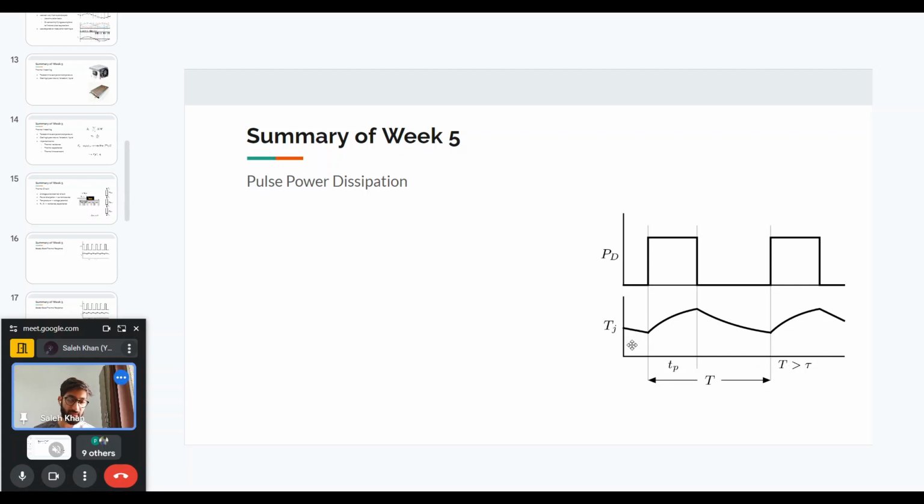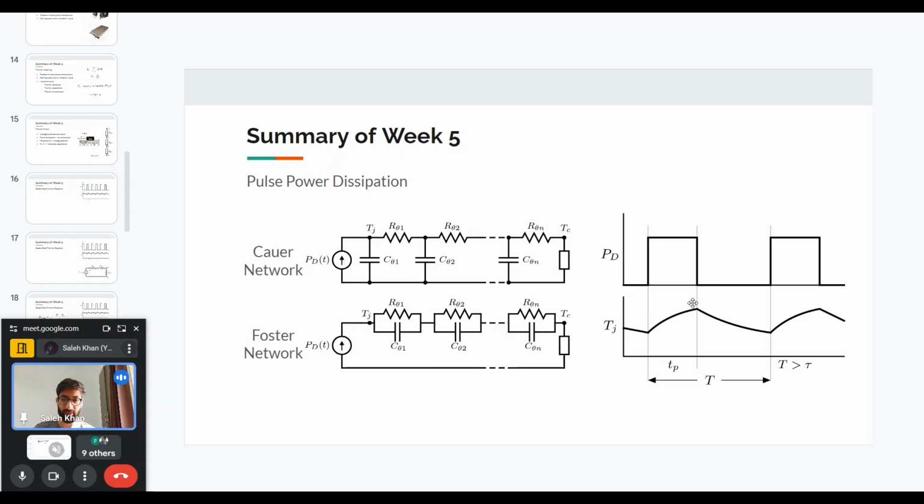So the temperature actually changes a lot between successive pulses, or the power loss itself is very high in a particular pulse, so that the temperature change will again be very high. In that case, the simplified steady state circuit may not be enough. That is why we will have to use some other, more complicated circuits.